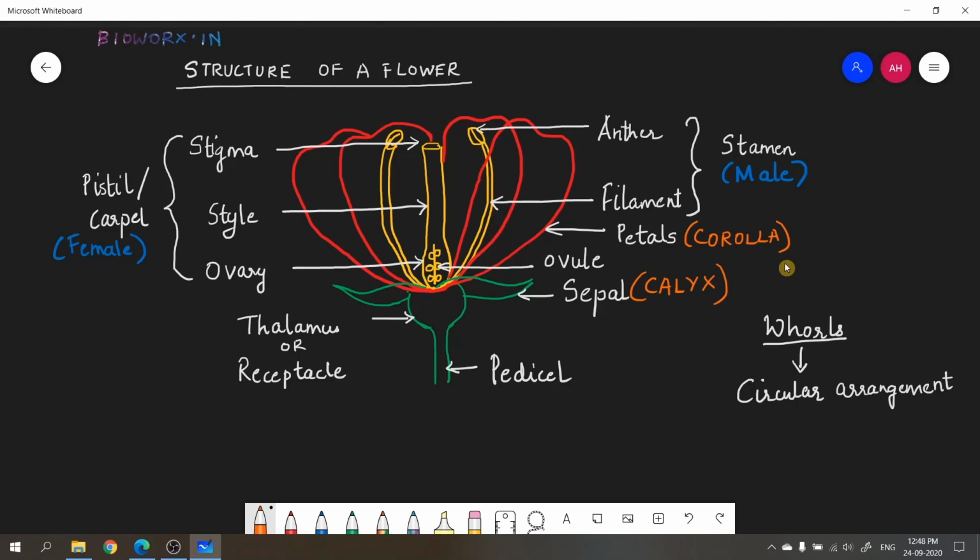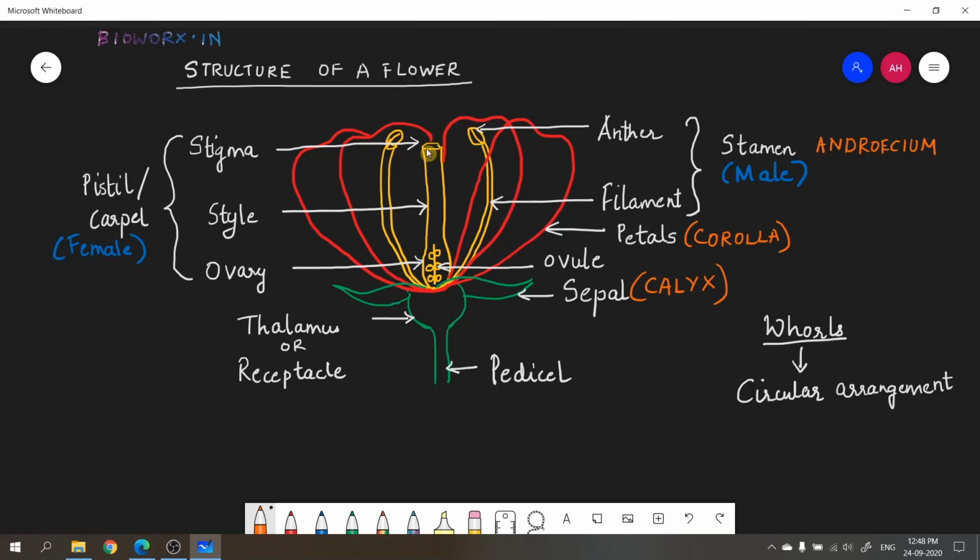Then the third whorl, which is innermost to petals, is called androecium. I'm going to mention that in front of stamens here. Androecium. So androecium becomes your third whorl, which consists of individual members called stamens.